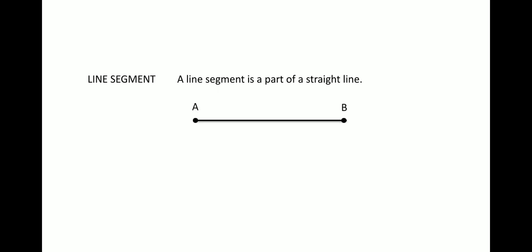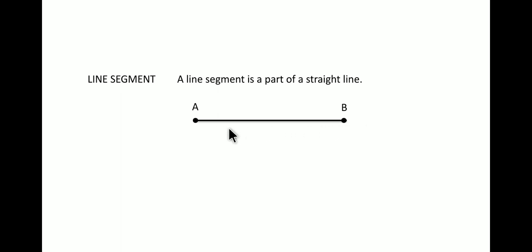Next is a line segment. A line segment is a segment or a part of a straight line. So if we take only AB of that straight line, then AB is from here to here. Now this will not go up till infinity because there is no arrow.